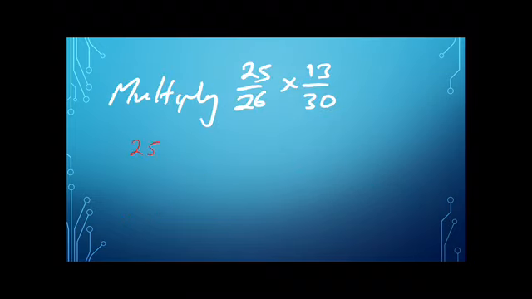This comes into play really with large numbers, because most of us don't know our 25 or 13 times table, and we might not know what 26 times 30 is.